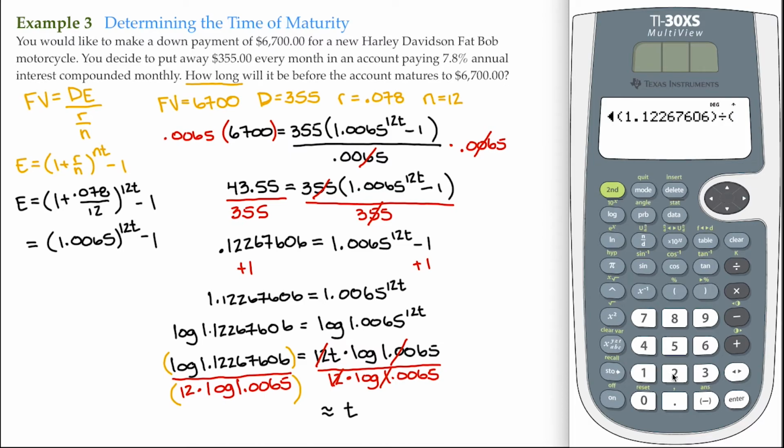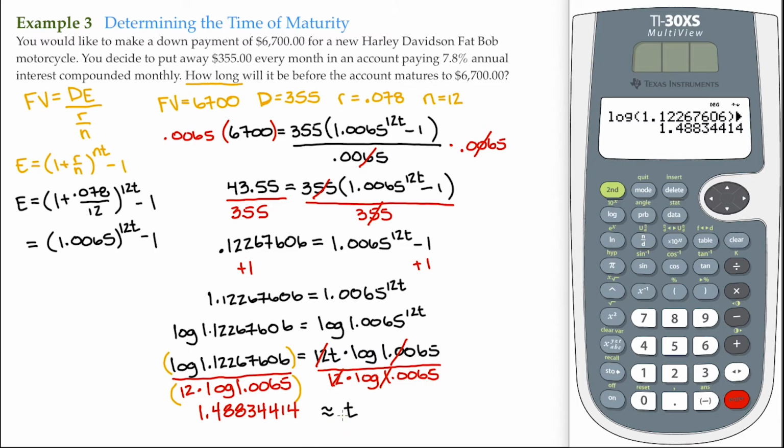Then type in 12 times the log of 1.0065, close off the logarithm, and then close off with this parenthesis here. And hit enter. So it comes out to be 1.488344414.